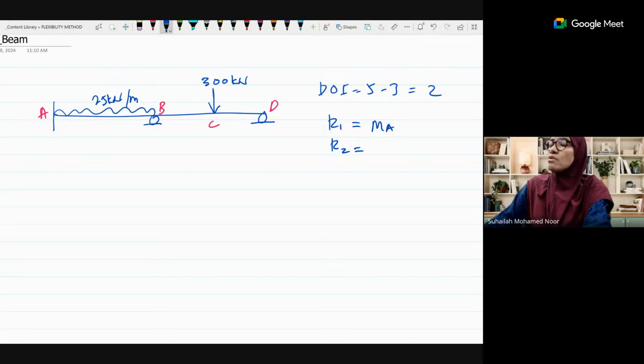And remove D, that is possible, remove D is possible, remove B is also possible. Remove D, so dy is the redundant. So it becomes a cantilever. Okay. So we choose MA as redundant number 1 and dy as redundant number 2.